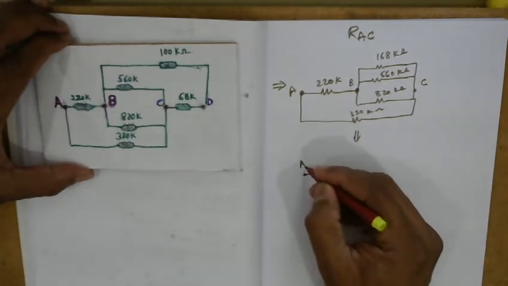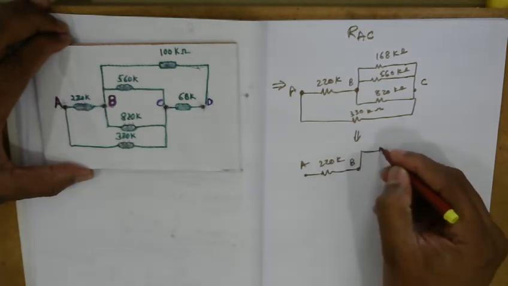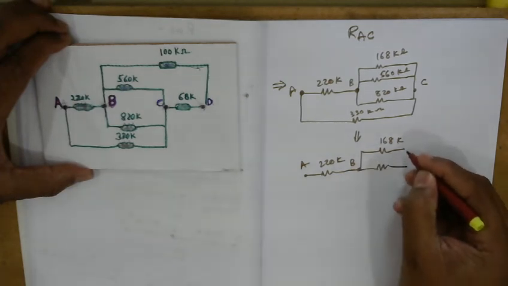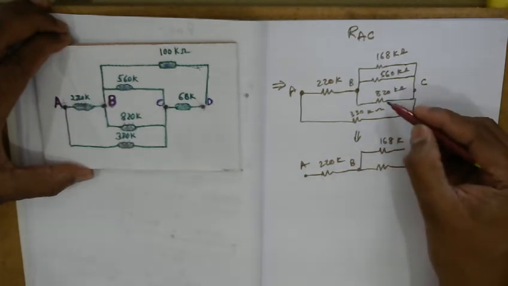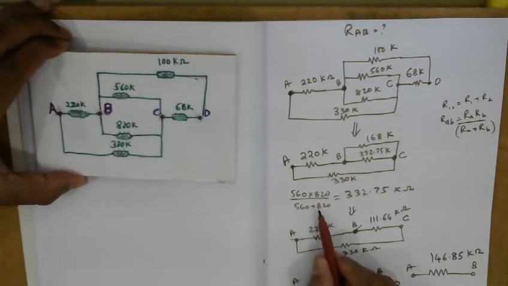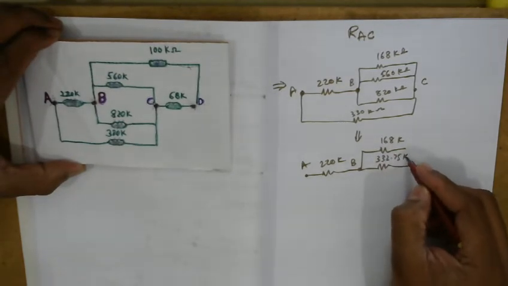So I'll take it here for ease. A 220k, and I have B here. 168 is as it is, kilo ohms, and here the parallel combination of 560 and 820, that was 560 multiplied by 820 divided by 560 plus 820, 332.75k.